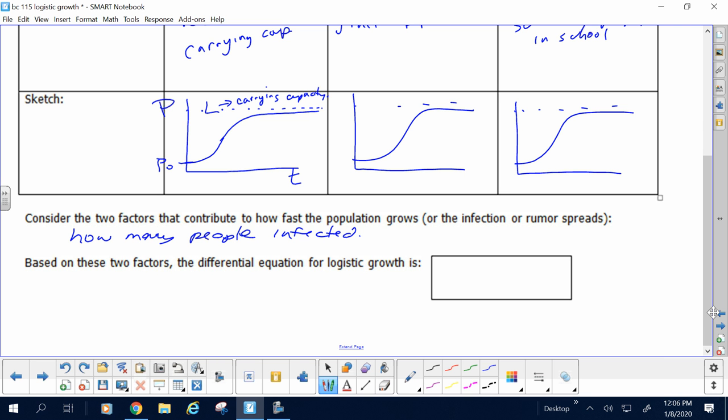Infection. Yeah, and over there, it's going to grow by maybe 1 person more, right? But over here, it could grow by a lot more. So what else affects the rate at which the infection spreads? Yeah, the infected and the uninfected. How many people are there left to infect? How many people infected and how many uninfected?